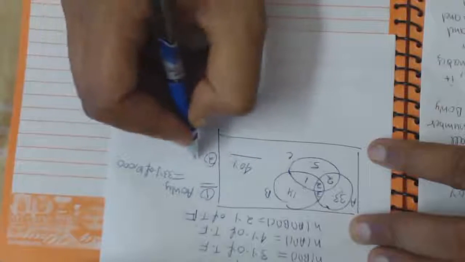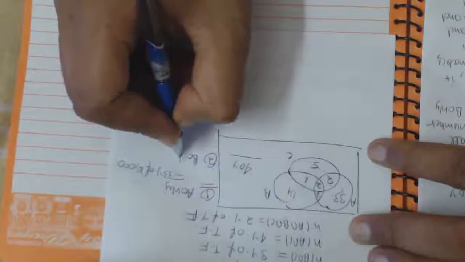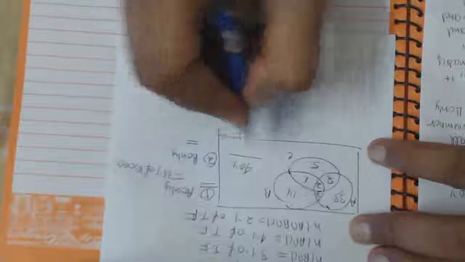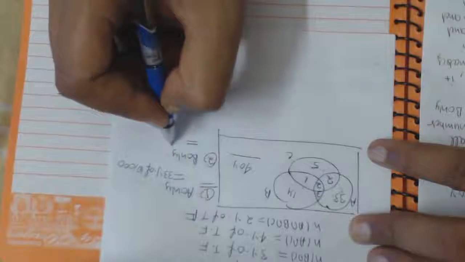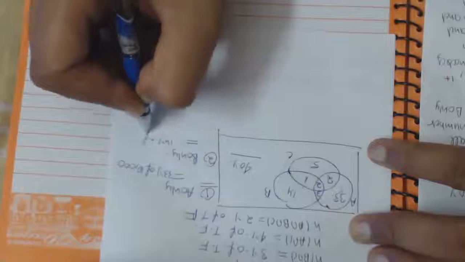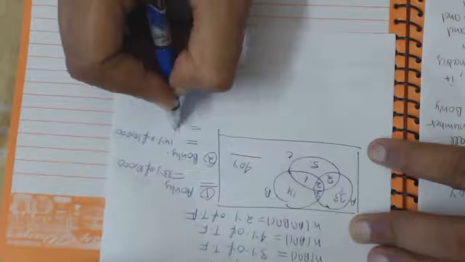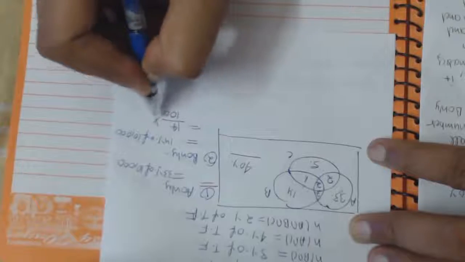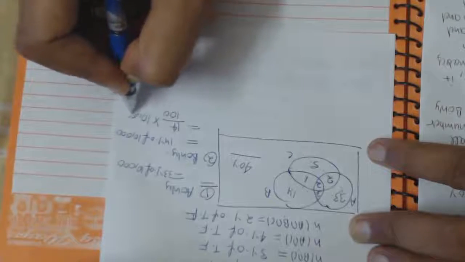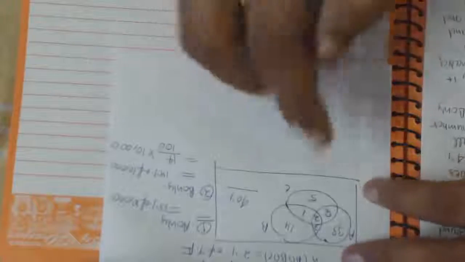You can calculate B only. B only is 14% of 10,000. That is 14 upon 100 multiplied by 10,000.